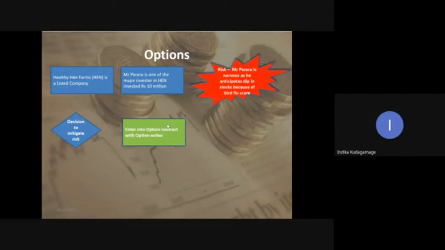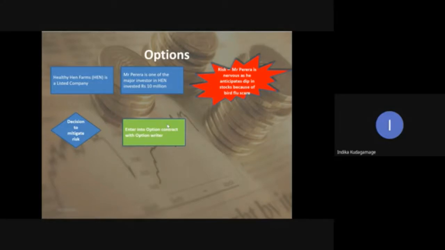Forward is an unstandardized, customer-made contract between a seller and a buyer. Future is again an agreement between a seller and buyer, but through an exchange.